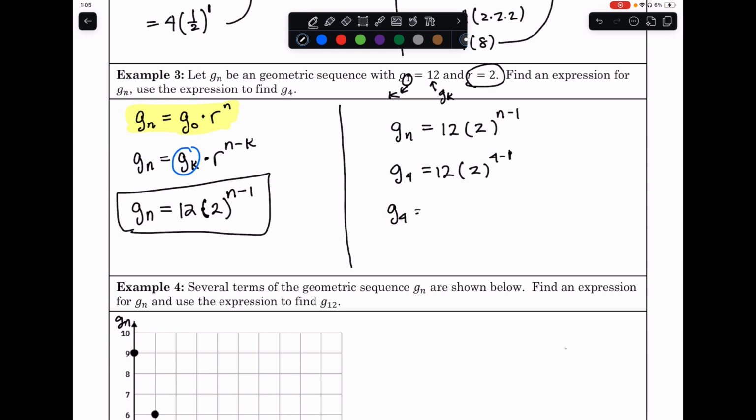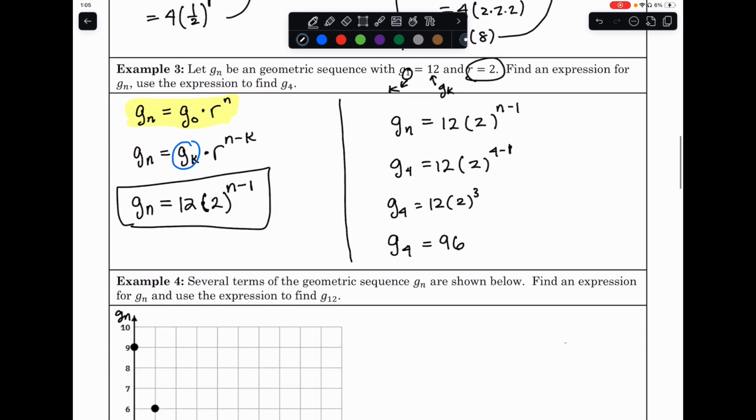So g of 4 equals 12 times 2 to the 3rd power. And then just simply plugging this into the calculator, 12 times 2 to the power of 3, that ends up equaling a value of 96. So there is your value of g of 4.